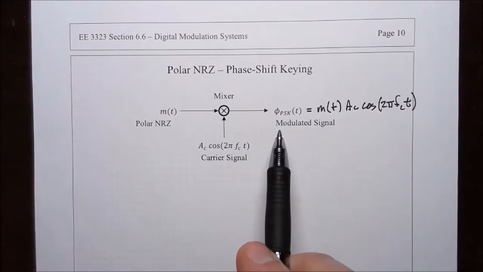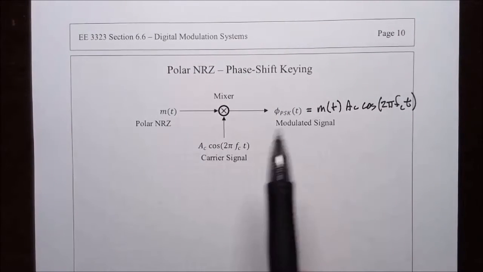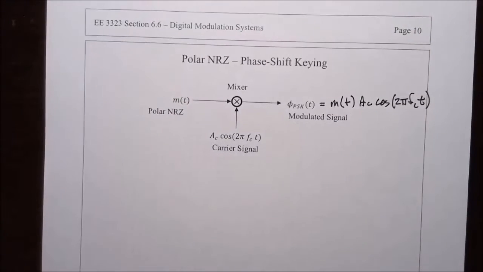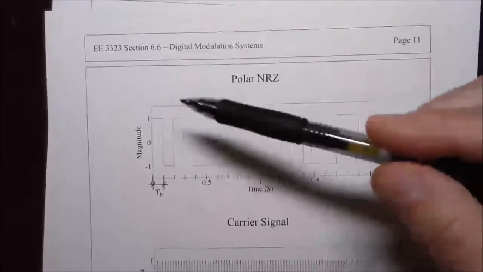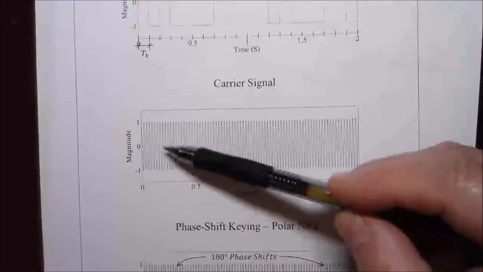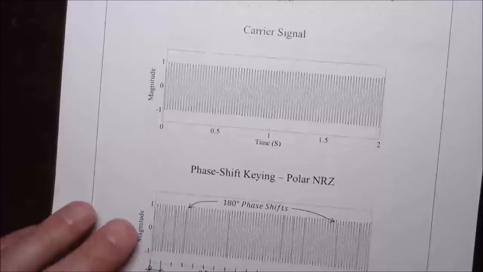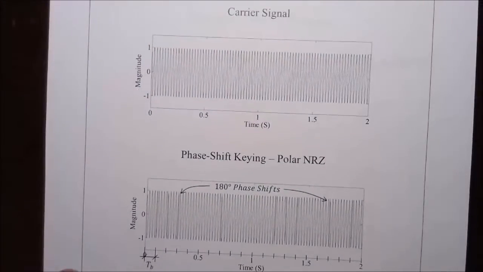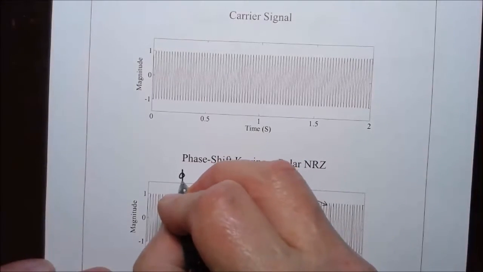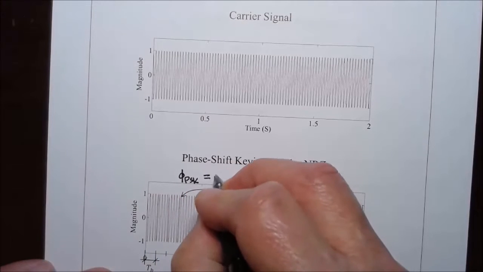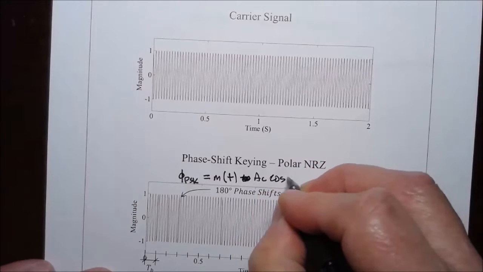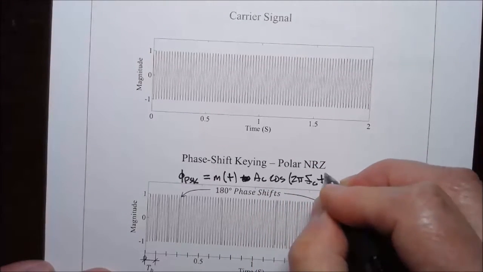This gives us a modulated signal of exactly the same form as the amplitude modulated signal, but different in this case because the message signal is either a +1 or a -1 multiplying our carrier signal. When we multiply the two together, we get this phase shift keyed signal, phi PSK, which is equal to the message signal m of t times AC cosine 2 pi fct.